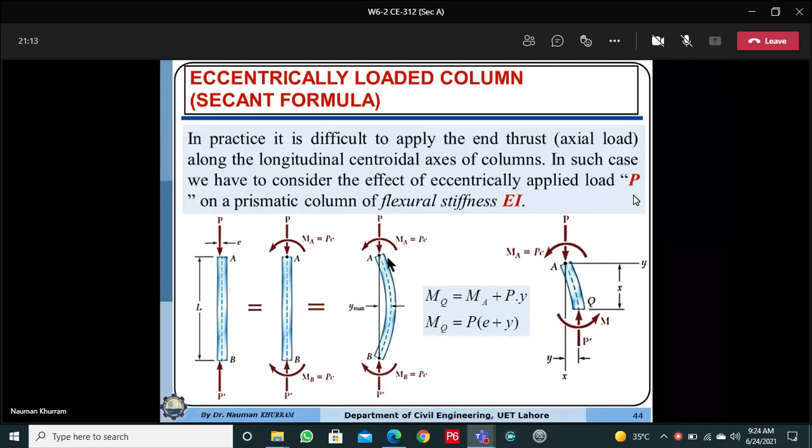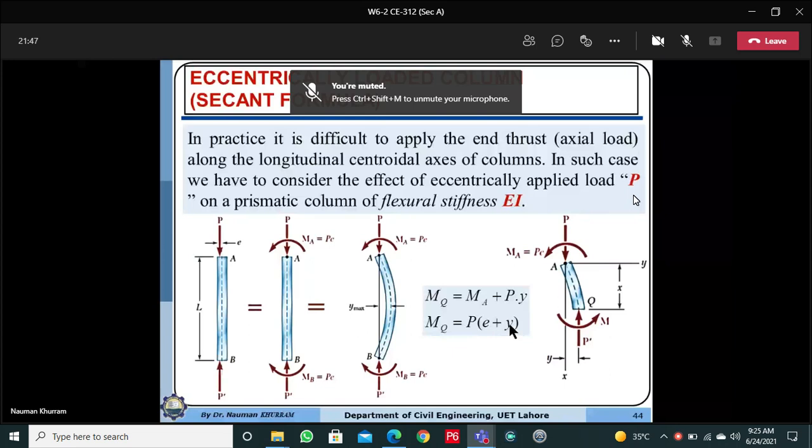When we keep on increasing the load, y also keeps on increasing. It means that y is not constant. So when the load is increasing, the y value is also increasing. It means that the moment depends upon two variables, because E is constant. So the moment is increasing as a quadratic, or second degree, function because it depends upon two variables. With the increase of load value, y is also increasing substantially.